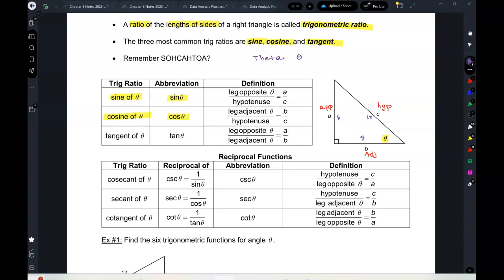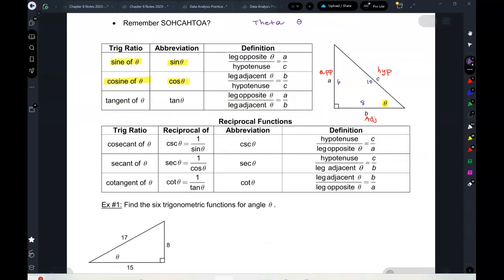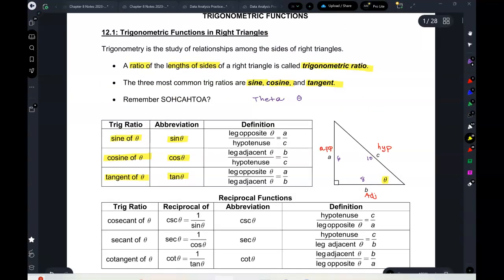And you understand that that is supposed to be the ratio of this side to this side. Okay? All right. So these three you learned in geometry. And then, so SOHCAHTOA comes from, sine is opposite over hypotenuse, cosine adjacent over hypotenuse, tangent opposite over adjacent. That's what that comes from.